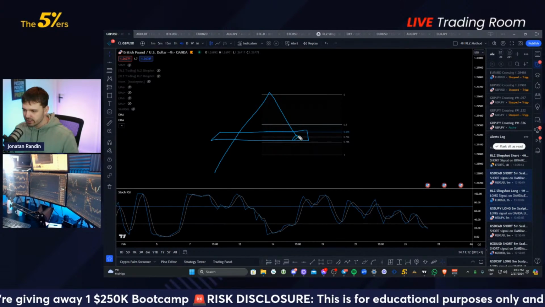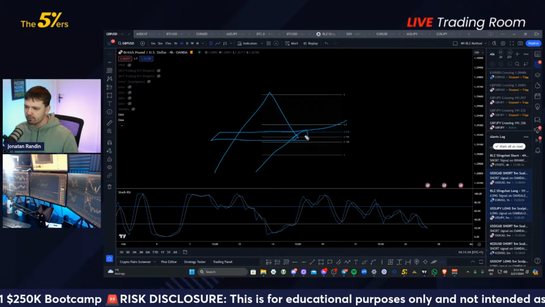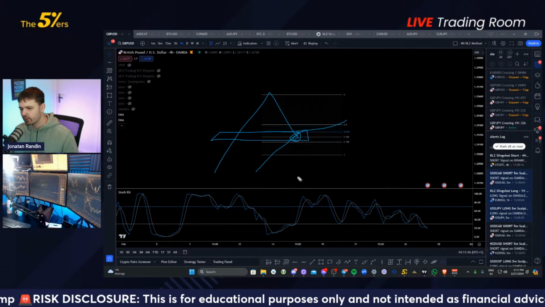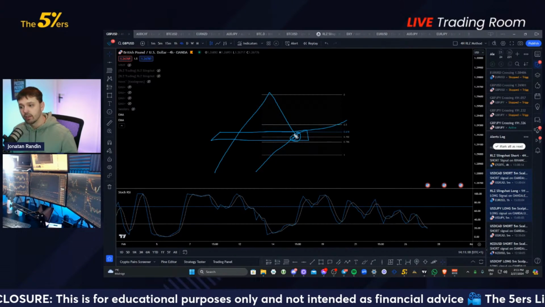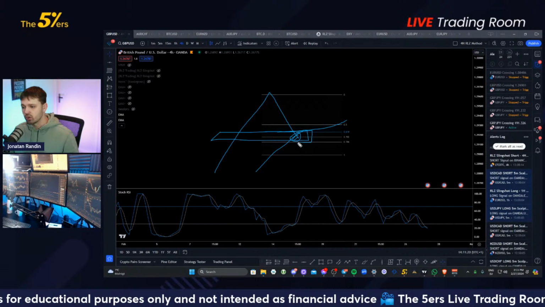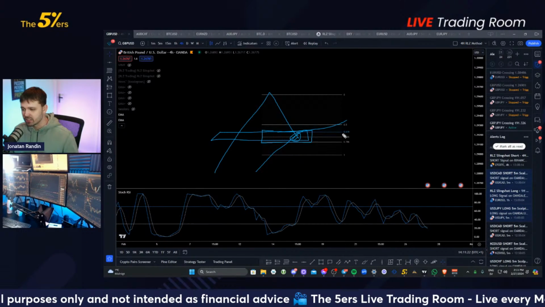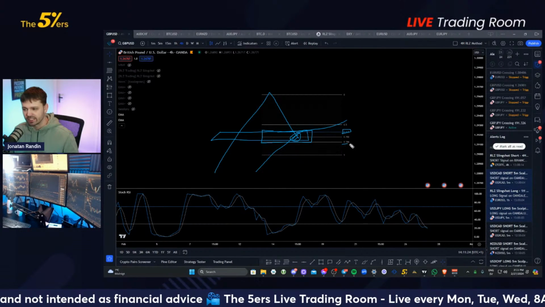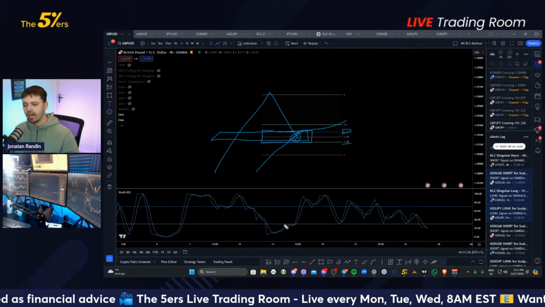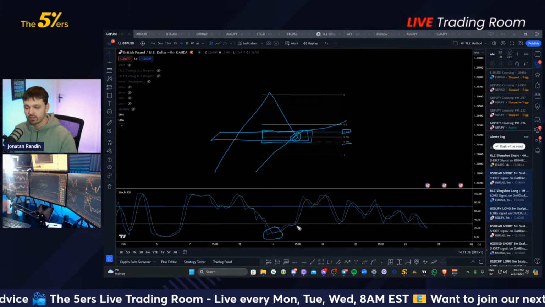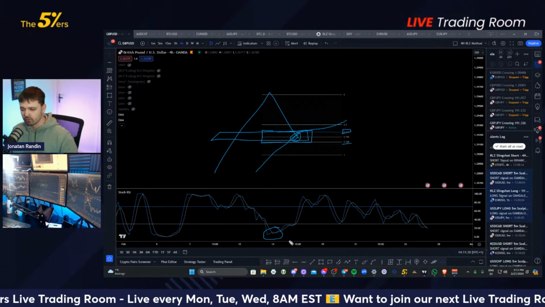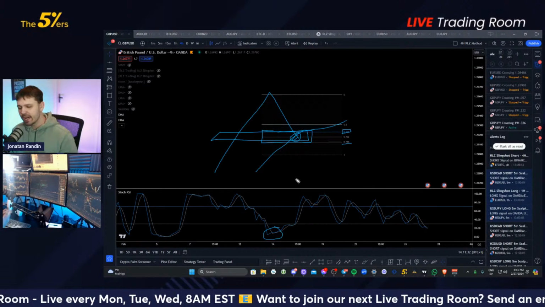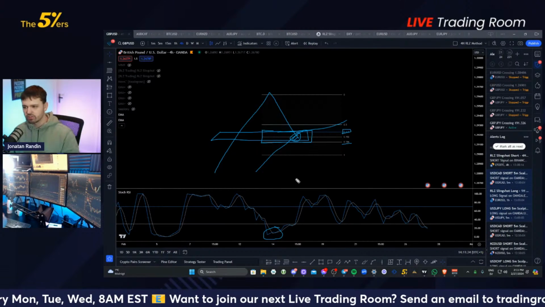You got the 20 EMA, price hits the 20 EMA or the area between the 20 and the 50 EMA. You hit the reload zone right here, which is the area between the 0.618 and the 0.786. And stochastic RSI is in the right location and preferably also giving you a bull cross. When this happens, everything starts to align.